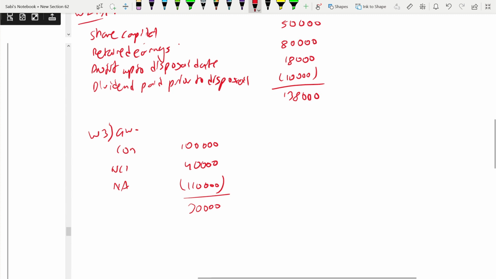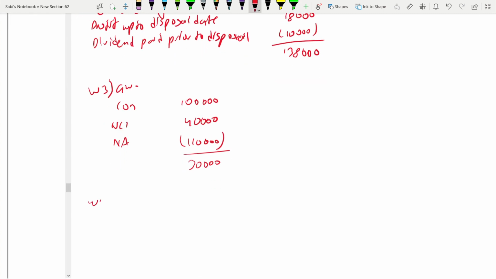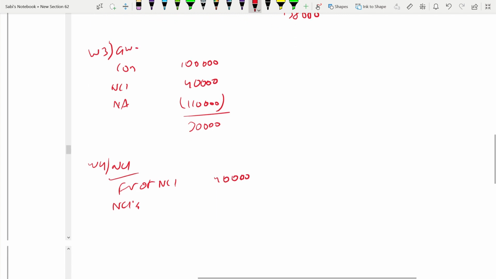And working 4, NCI. So this is NCI. Fair value of NCI is already given as 40,000. Post acquisition profit, NCI percentage, that is 30%, because when it was 70%, NCI will be 30%.